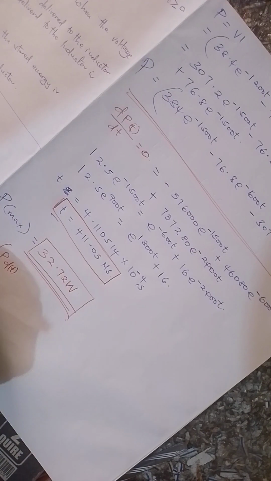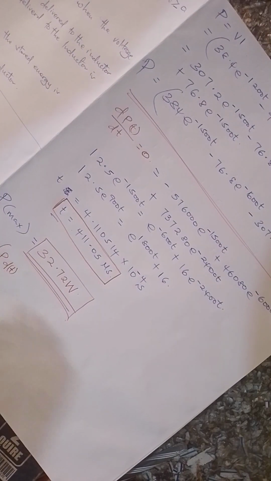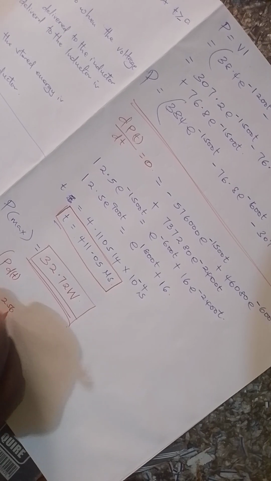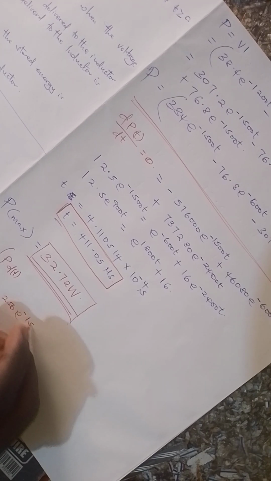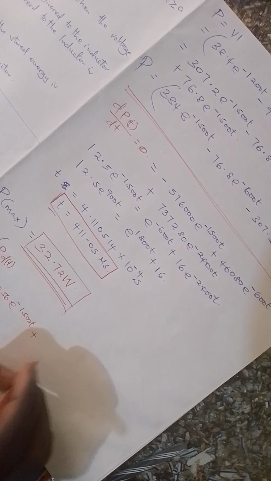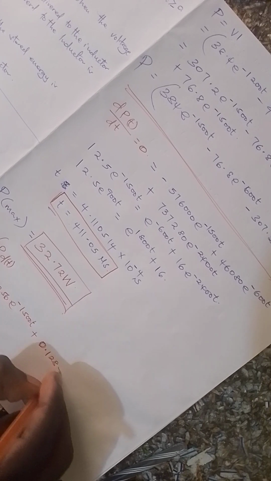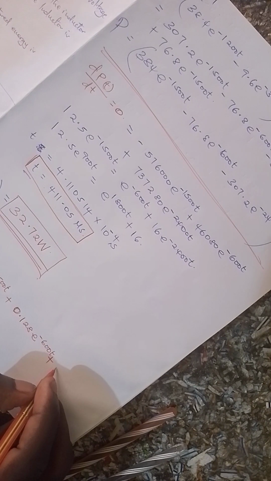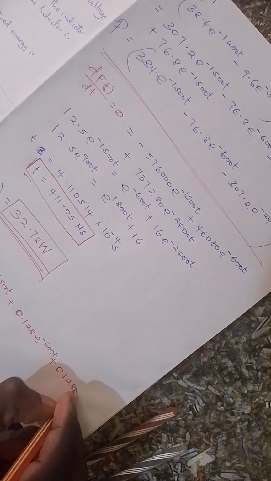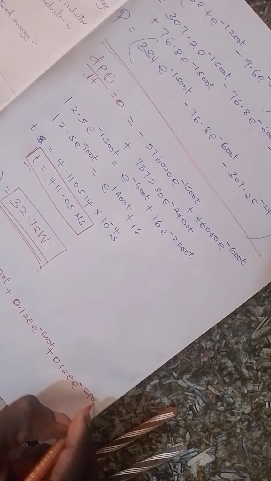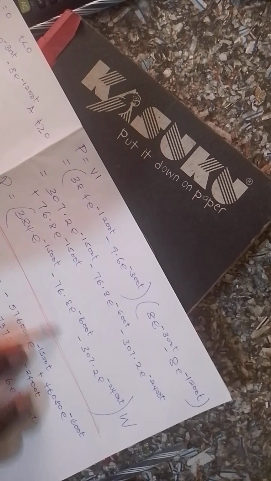So the equation of W is equal to negative 0.256 exponential negative 1500t plus 0.128 exponential negative 600t plus 0.128 exponential negative 2400t. So we've integrated power so that we can get the energy.